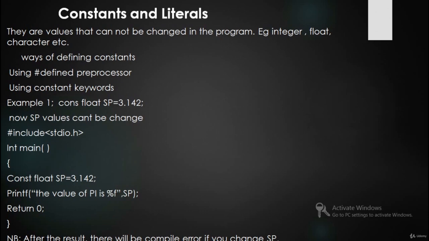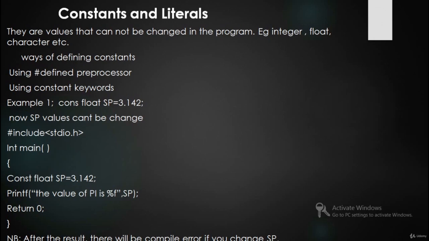Now let's learn about ways of defining constants. We can either use the hash define preprocessor to define a constant, and then we can also use the const keyword to define a constant. Example 1: you can write something like this. You write the keyword const, then float sp is equal to 3.142.